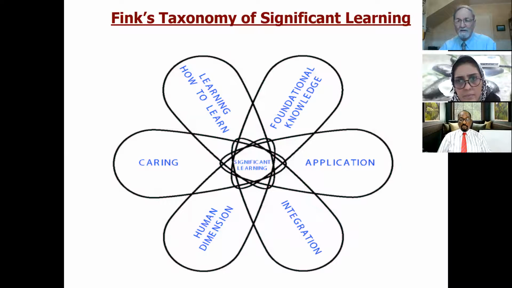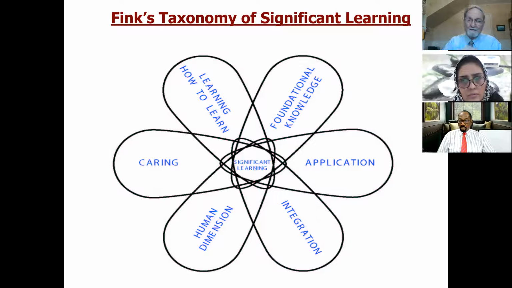Here's the model that I created to show that interactive character. Those are the six categories. Let me briefly explain what I mean by the interactive nature of this. Let's start with application. If I learned how to use some knowledge, and that's what application means, then I will see reason to learn and study and memorize, if necessary, some of the foundational knowledge.